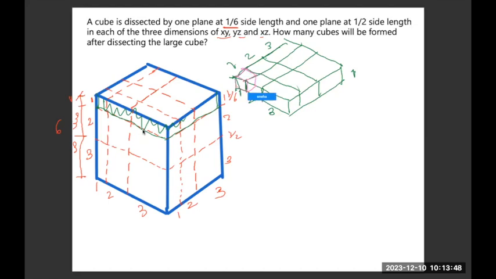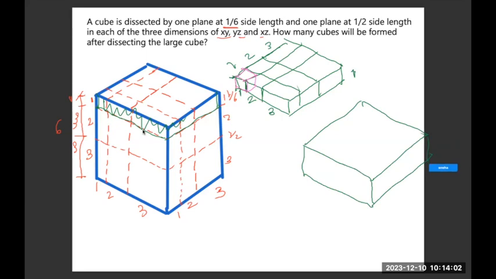In the second row, this is how the second row will look. This is a 2 unit height. The same thing will happen: 1 unit dimension, 2 unit dimension. Sorry for the proportion, but this is 1, 2, and this is the 3 unit dimension.